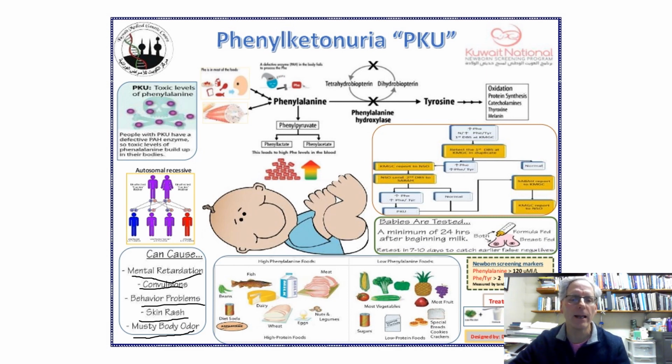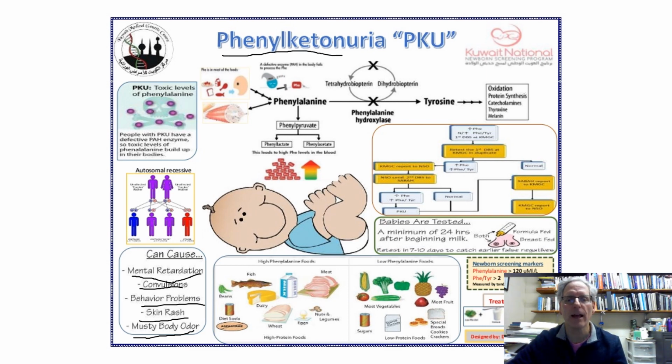You, however, can head off these symptoms by putting the baby on a strict non-phenylalanine containing diet very early. And if you do, this child can live a relatively normal life, but they have to be on this very restrictive diet throughout their life.